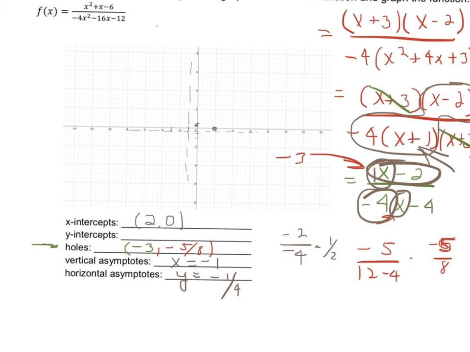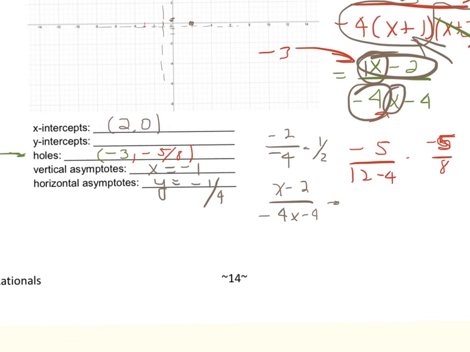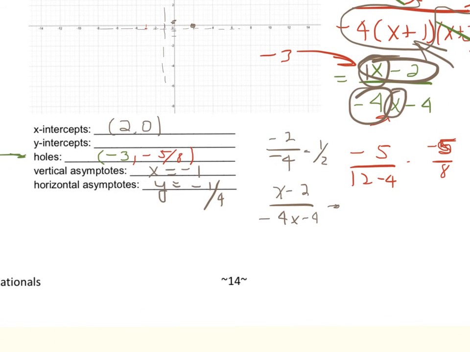Let's plug in another point for x. Now remember, the equation that we've simplified to is this. I might choose to just plug in some x values, like negative 2. If I plug in negative 2 for x, I get negative 4 on top.